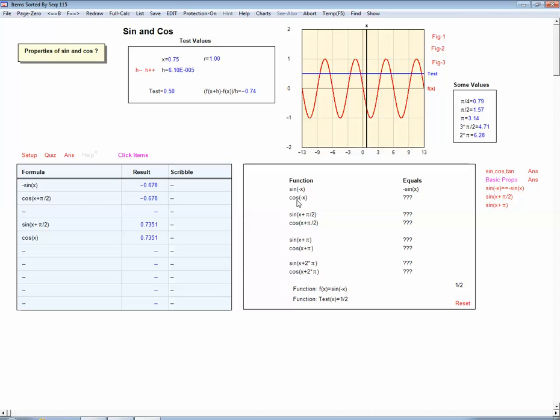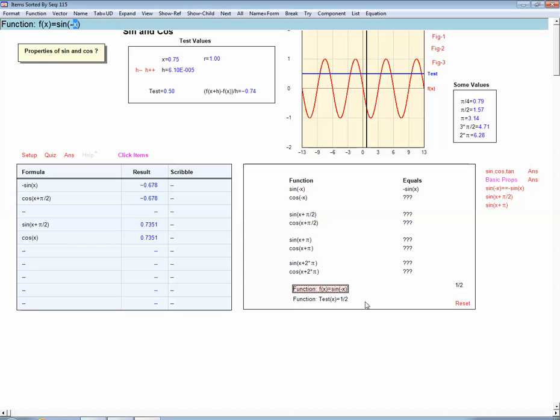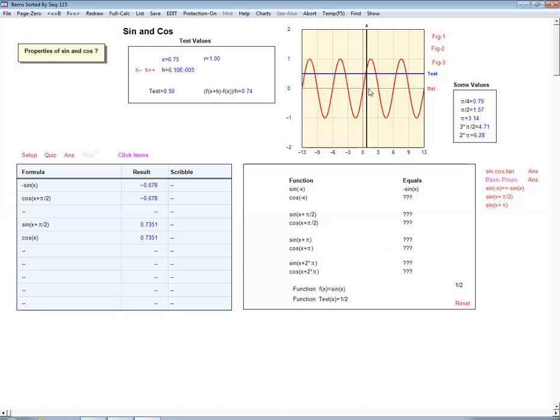All right, what about the cosine of minus x? That is an even function. And what do even functions do? They eat up the minus. We can actually see that up in this graph here. Let's put in here the sine of x as the red graph.